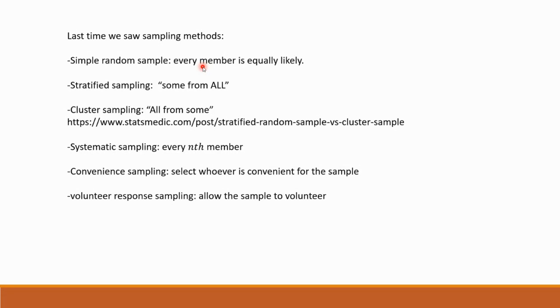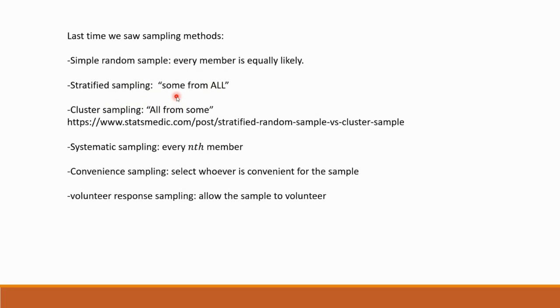We also had the notion of stratified sampling and cluster sampling. Both of those have to do with groups. Basically, you're taking the population and breaking it up into subgroups somehow. With stratified sampling, you're taking some members from all the subgroups. For cluster sampling, though, you're taking all members from some of the subgroups.